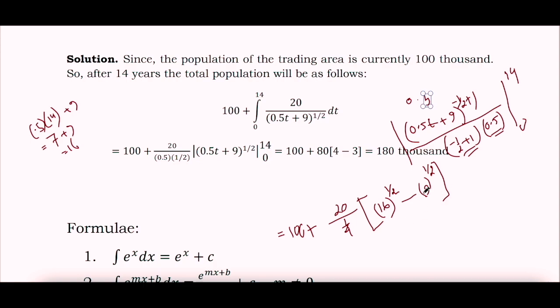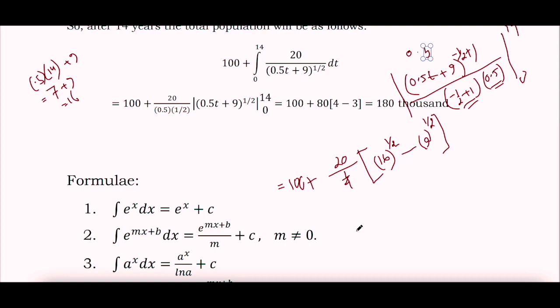Does it make sense? Yes, sir. This equals 100 plus, take this 4 up, so 4 into 20 is 80, plus 80 into root 16, which is 4, minus root 9, which is 3. 100 plus 80 into 1.